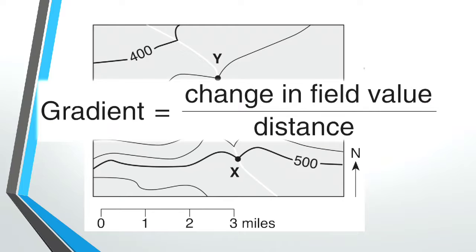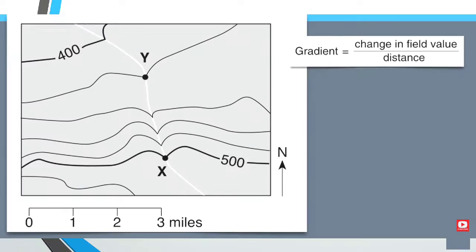In this case, field value refers to the elevation. So we want to know how much the elevation changes over a given distance. Let's say we want to find the gradient between x and y. I have to find the elevation of x and y. Point x is equal to 500 because it is on the line.